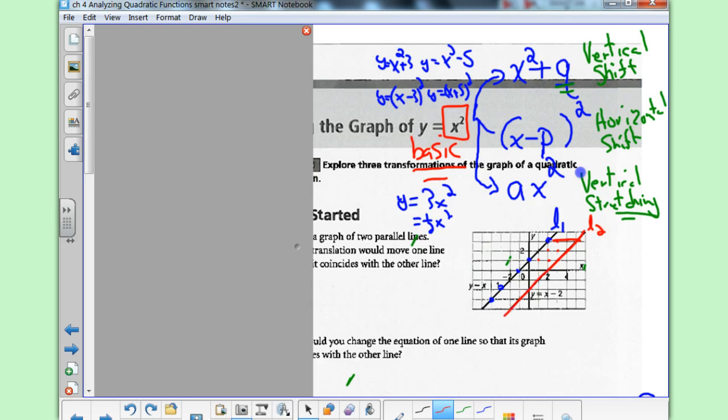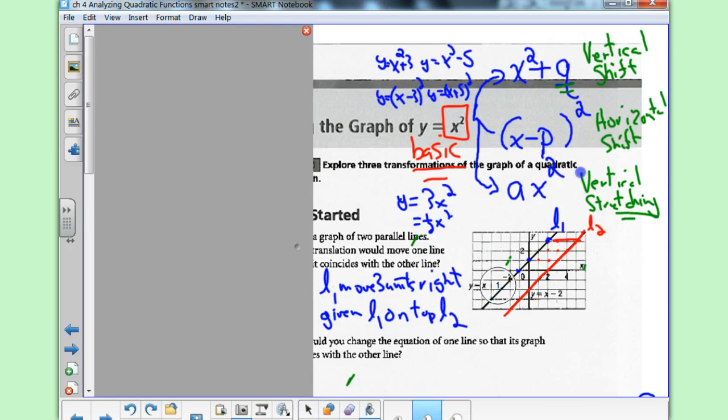So how could you move line 1? Well, you could say, I'll take line 1 and move it 3 units to the right, which gives L1 on top of L2. That would do it. Or you might say, no, that's not what I want to do.